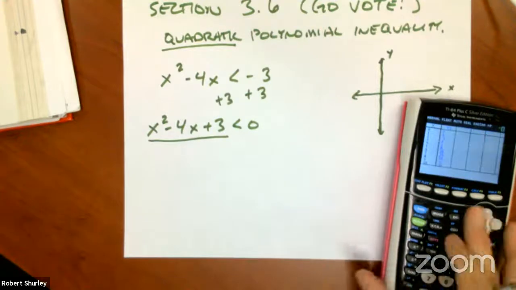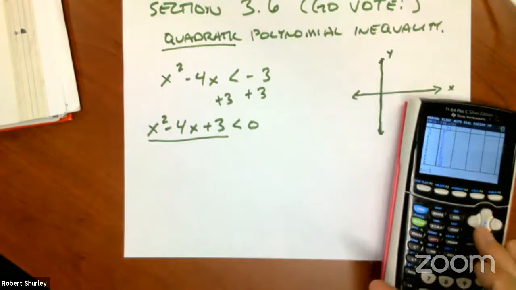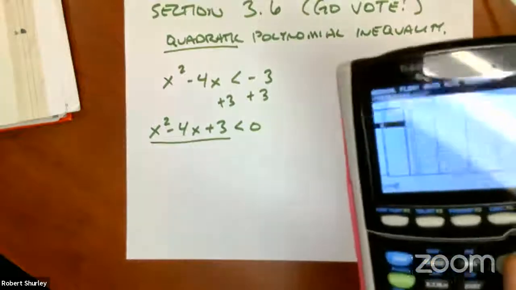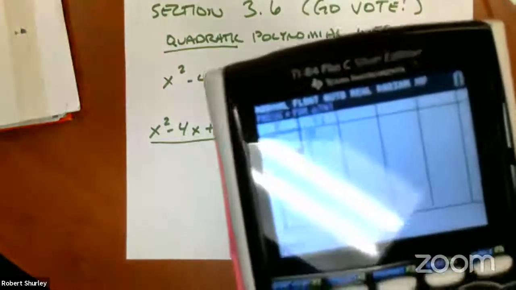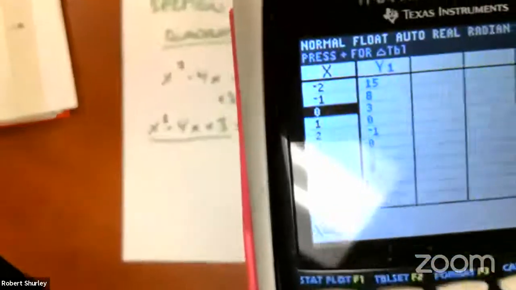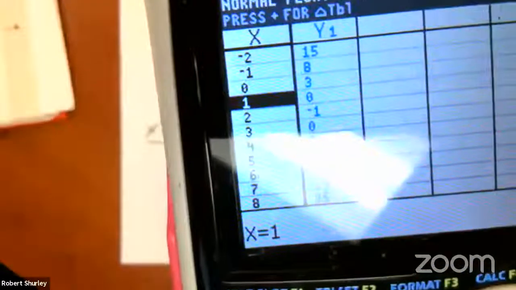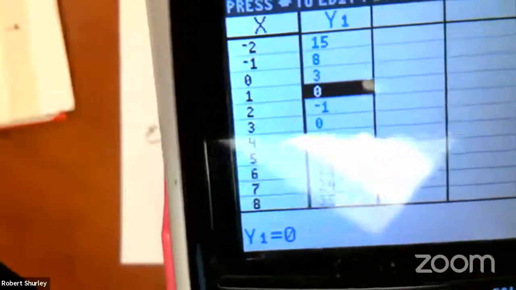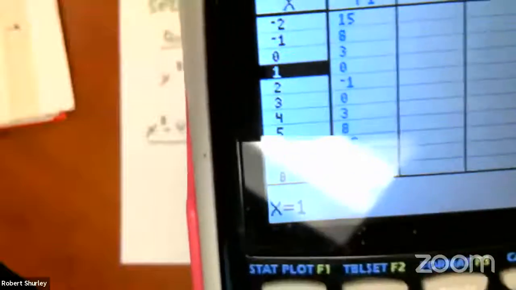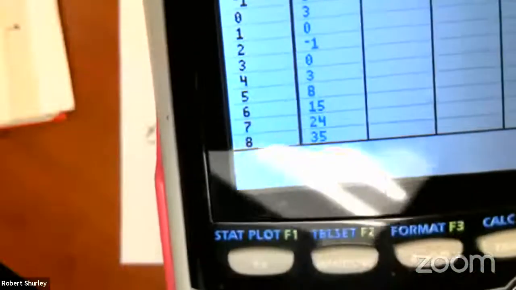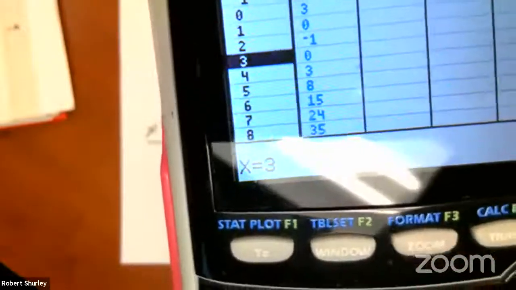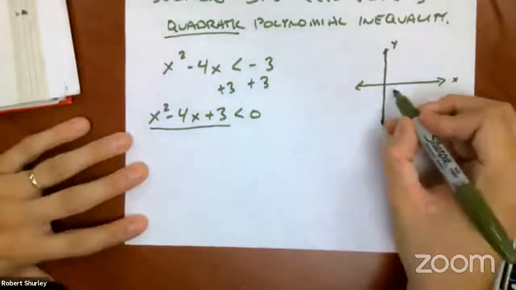So if I go to table and I go to x equals 1, you'll see the y value is 0. So therefore that means we have an x-intercept there, right? And the same thing with 3. With 3, the y value is 0. So we also have an intercept. So x equals 1.